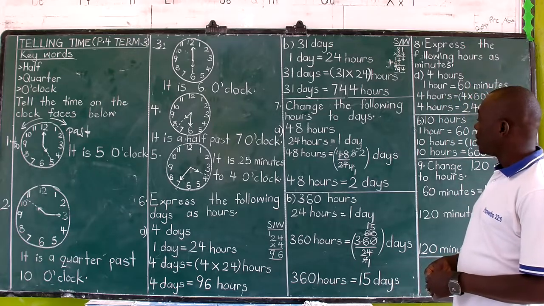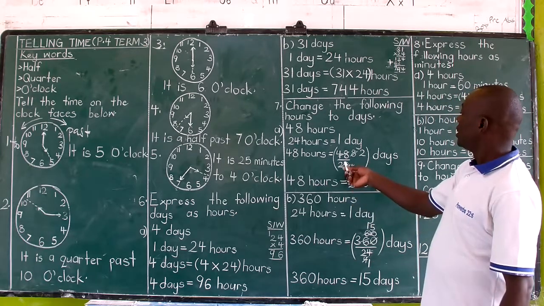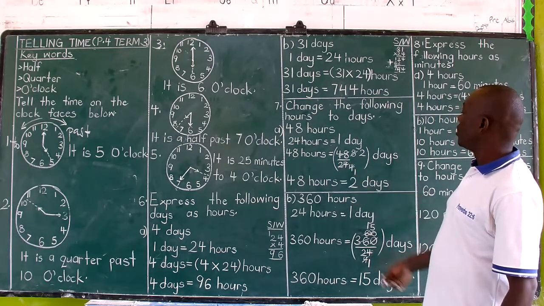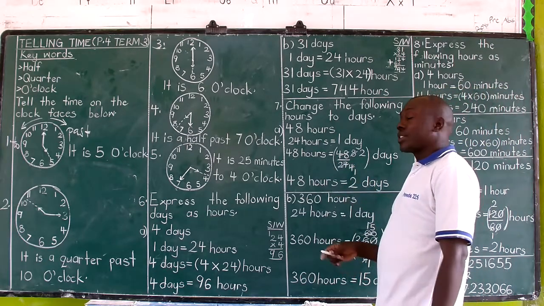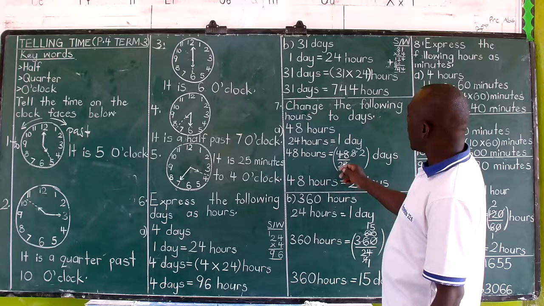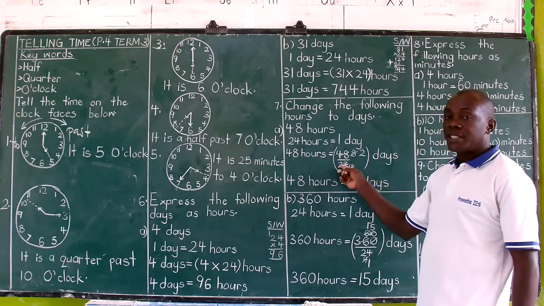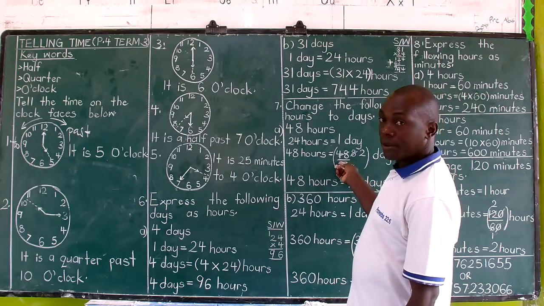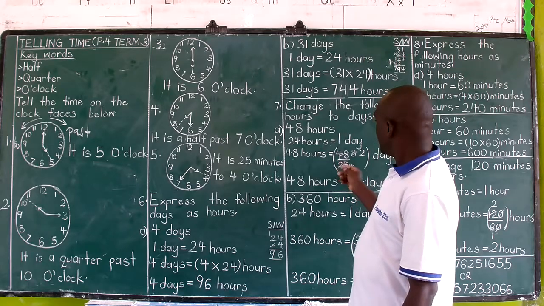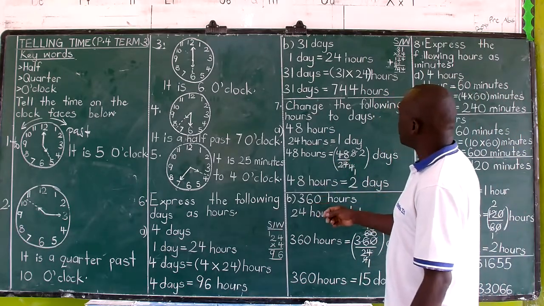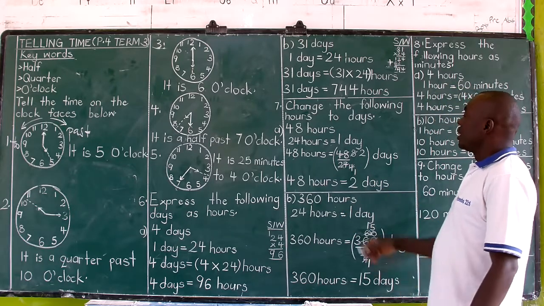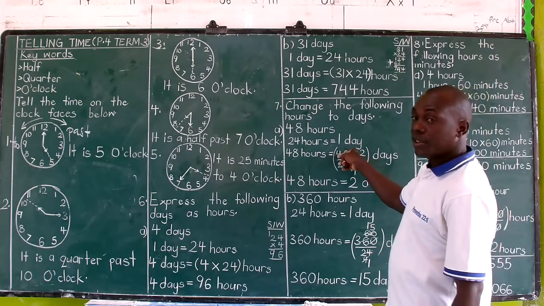If you don't want table 4, you can go table 6. So 6 times what to get 24? Good. Someone said 4. 6 times 4. So 24 divided by 6, you get 4. Then 6 times what? You get 48.